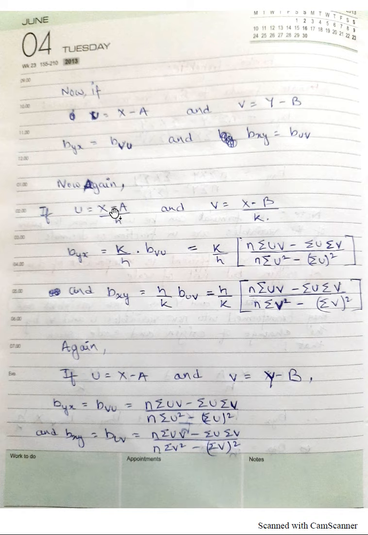But again, if you change the scale and origin both, as discussed earlier, u will be equal to x minus a by h and v will be equal to y minus b by k.